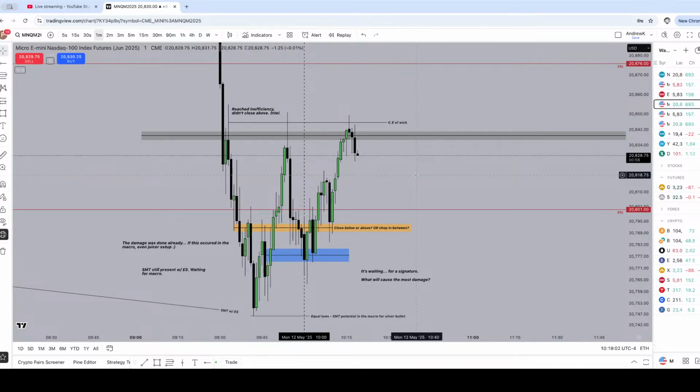It's possible now. Let's see. We're going to watch. It needs to get above that midpoint of the wick.